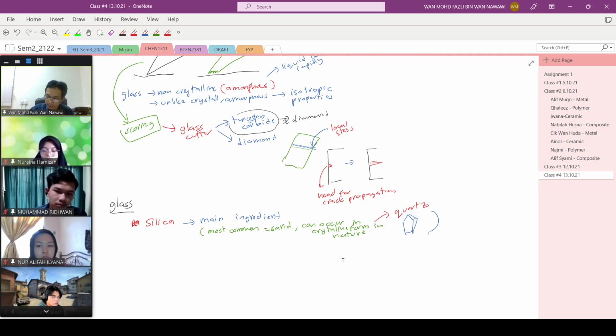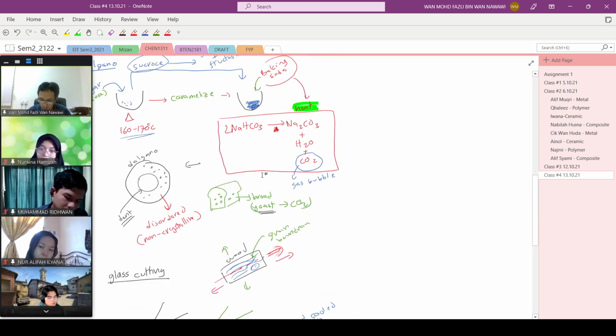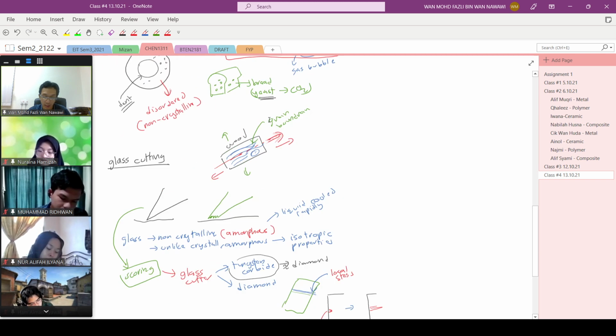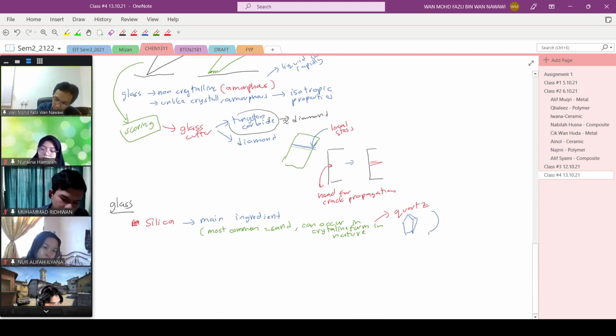But as I said, in making Dalgona, you also need baking soda, right? So in making glass, you need something we call the flux. So you have two ingredients. What is flux?